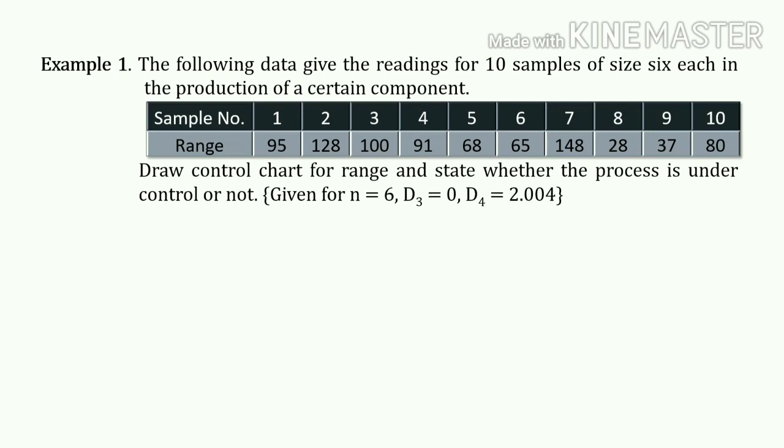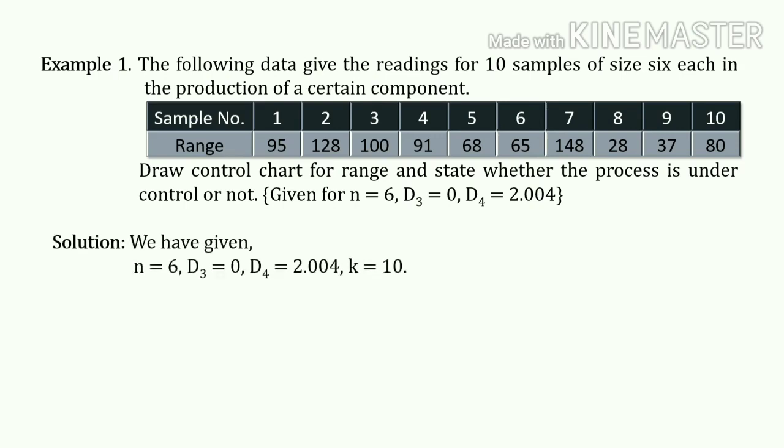And we have to draw control chart for range and state whether the process is under control or not. Also we have given some supplementary information, that is for n is equal to 6, value of D3 is 0 and value of D4 is 2.004.